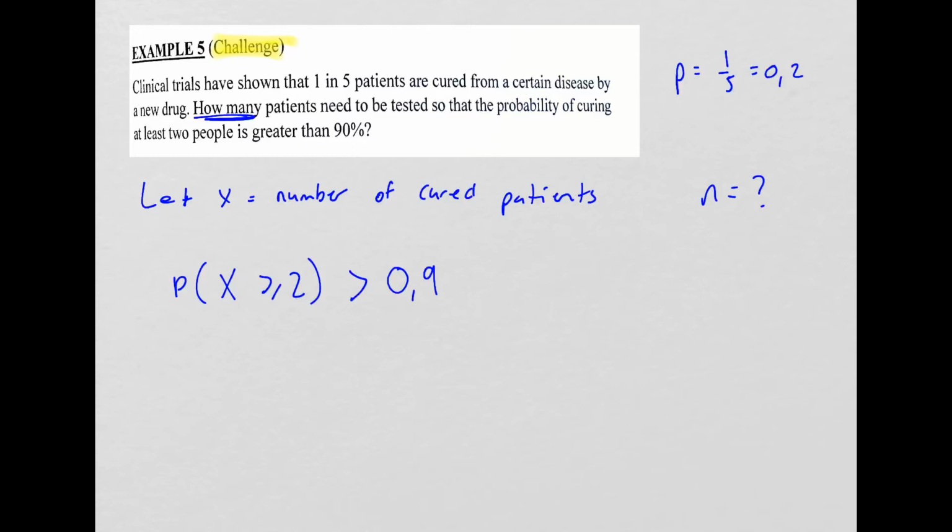Okay, so using this, if the probability that X is greater than or equal to 2 is greater than 0.9, then that means that 1 minus the probability of X is less than 2 is also greater than 0.9, because they're equal. 1 minus the probability of X less than 2 is equal to the probability of X greater than or equal to 2.